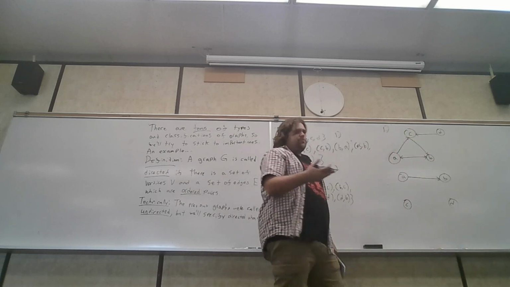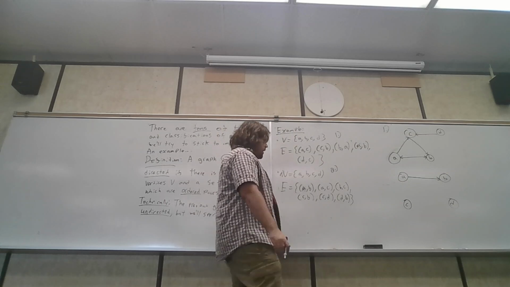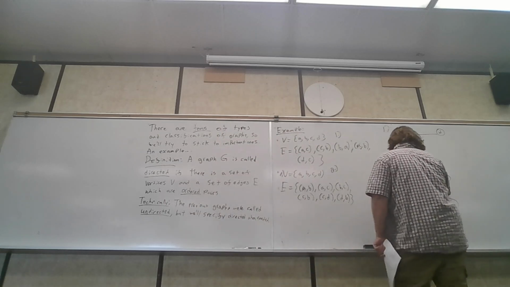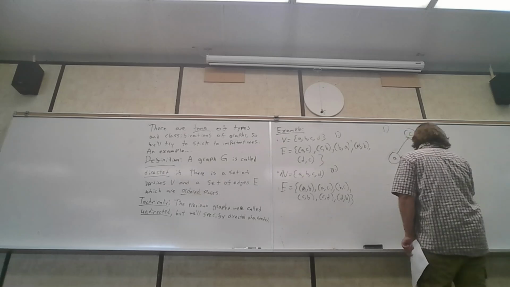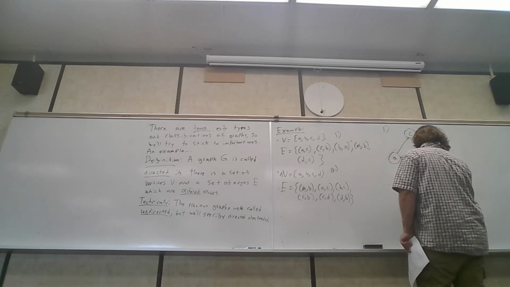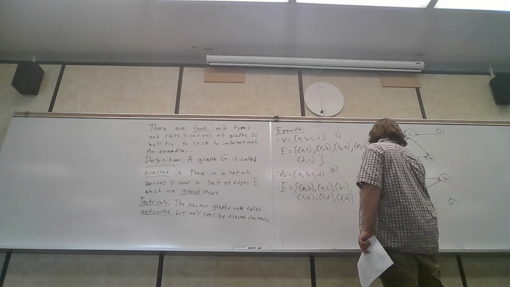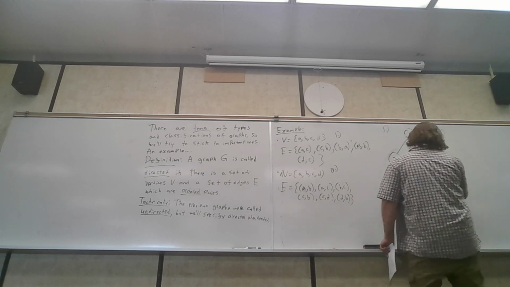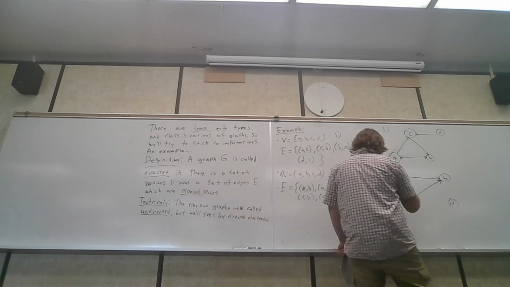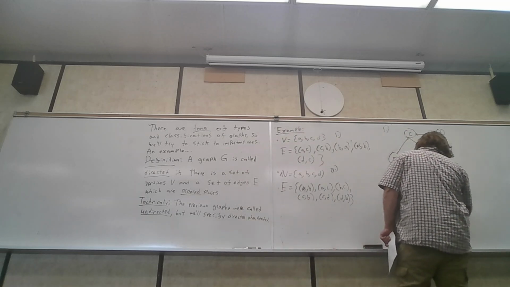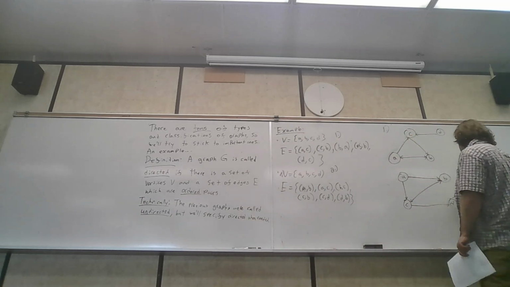Right, so that arrow indicates we go from A to B. A can go to C. B can go to C. C can go to B. So we just take the same path and draw an arrow. C can go to D. And D can go to B.